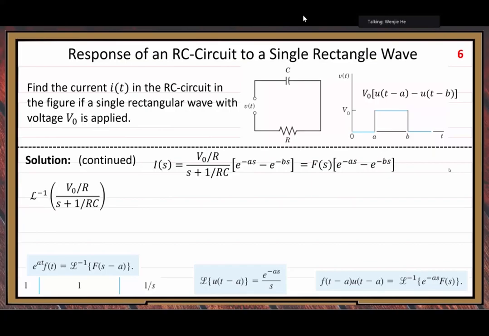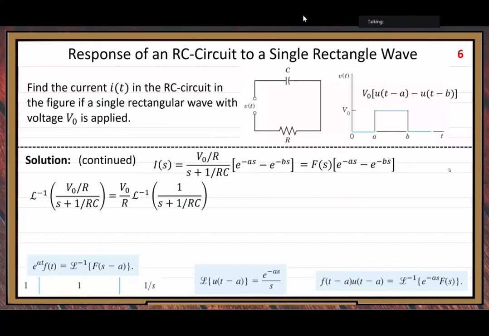First, let's calculate this part. First shifting theorem, so basic formula number 1 and the first shifting theorem. Here, just some small simplification. Take the numerator constant out.